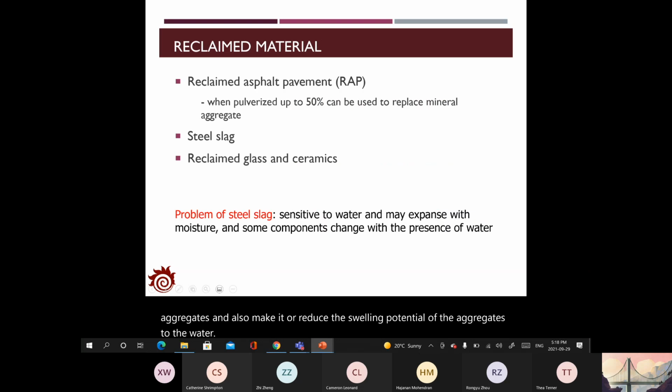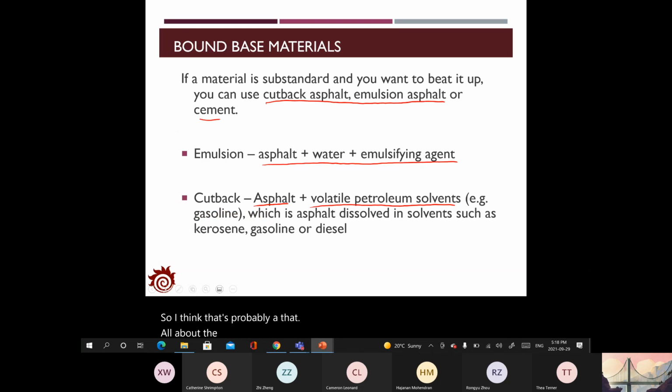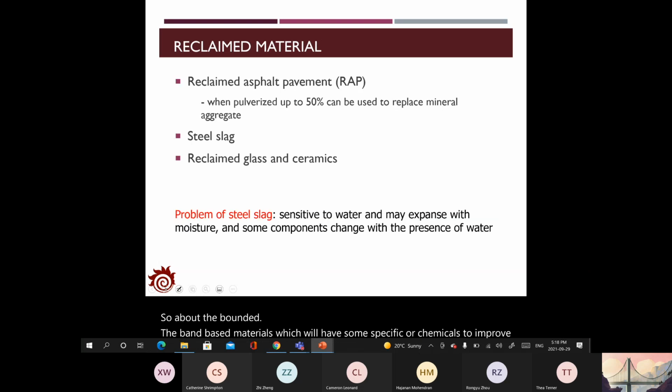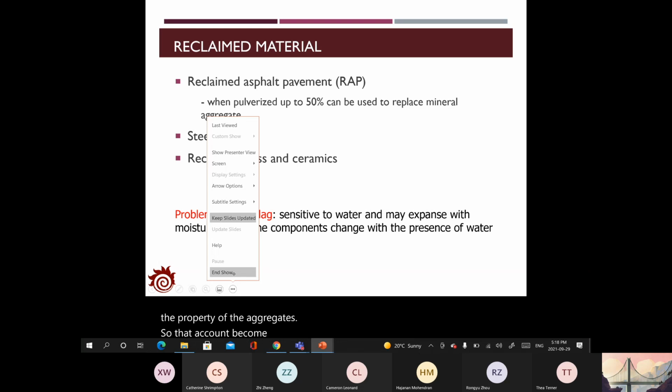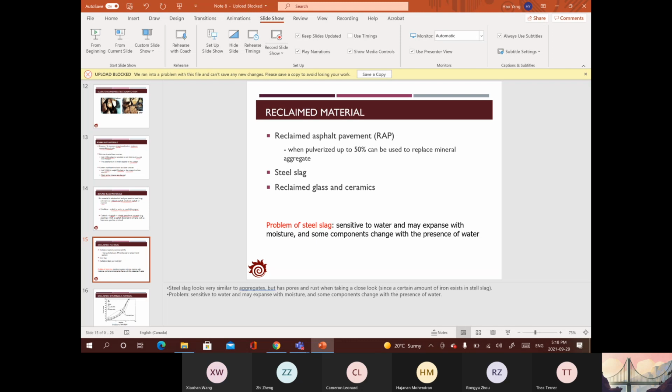So I think that's all about the bond-based materials, which use some specific chemicals to improve the property of the aggregates, so that they can better serve as the base and subbase layer course materials.